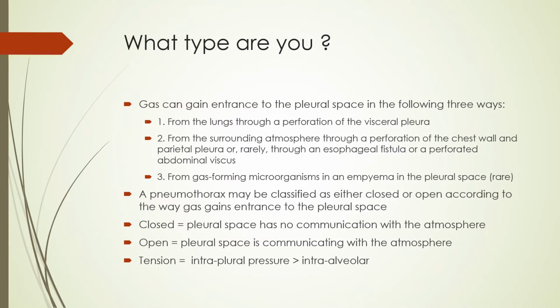So remember we talked about different types of pneumothorax. You can get entrance into the pleural space from the lungs through the visceral pleura, right? Remember the visceral is the one that surrounds the lung tissue itself. So that would be AKA spontaneous. We call them spont pneumos or spontaneous pneumos. That means if I cough too hard, or if I'm a tall, thin individual, which I'm not, I might not have a lot of space.